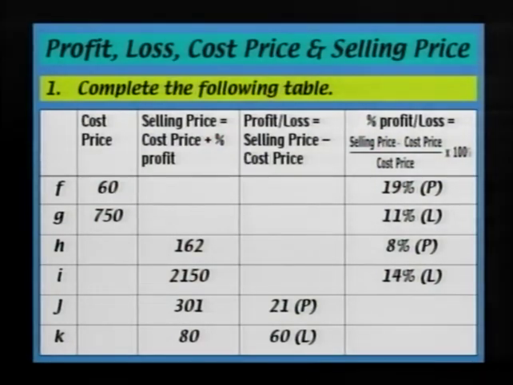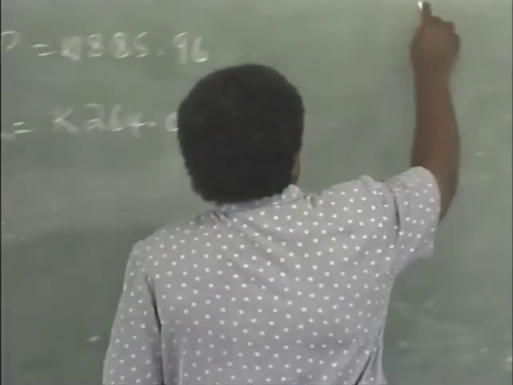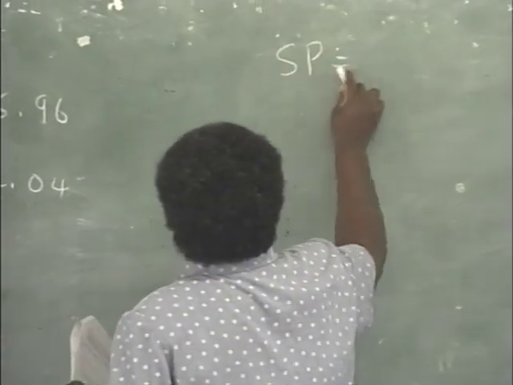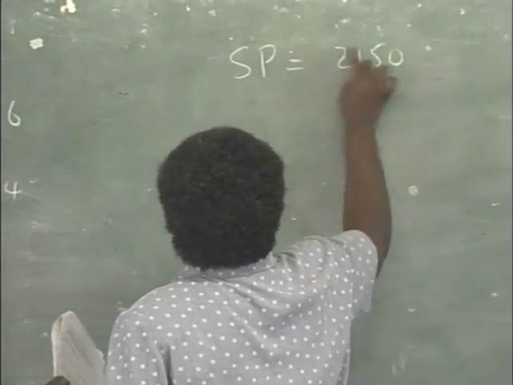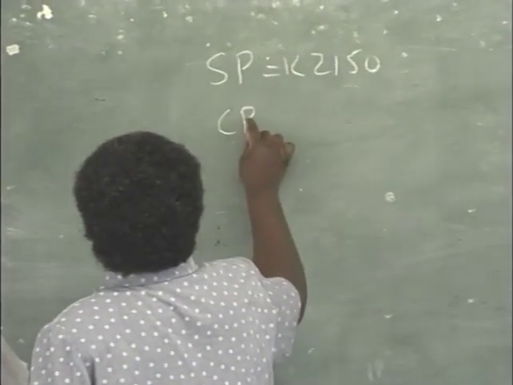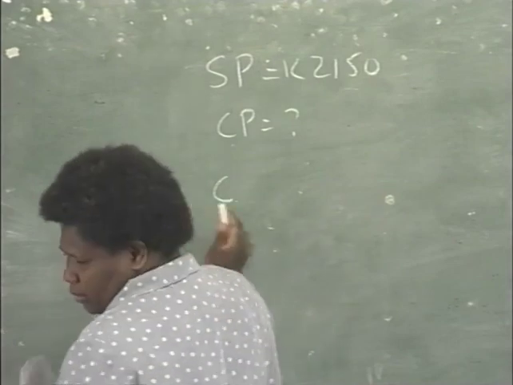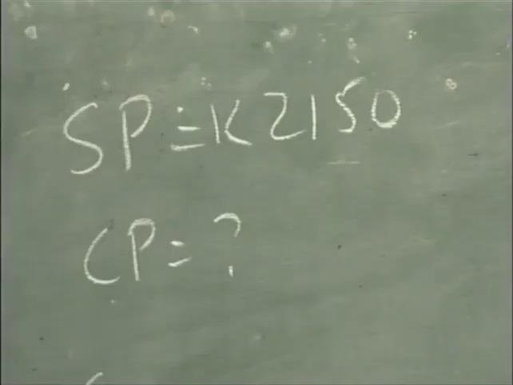Letter I. Okay, you are told that there is a selling price of 2,150 kina. We do not know what the cost price is. We do not know what the loss is.